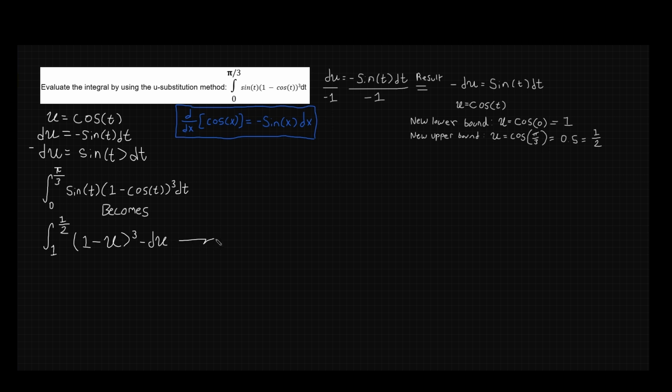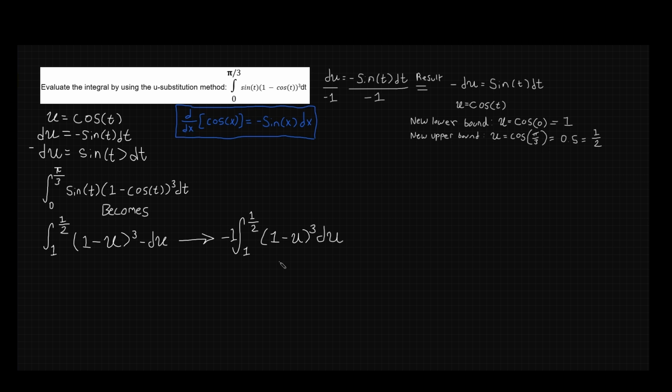So now what I'm going to do is factor out this minus sign. You can see that I factored out the negative sign, and you can just imagine that this is a -1 in the front. And we have the integral from 1 to 1/2 of 1 minus u raised to the third power times du.